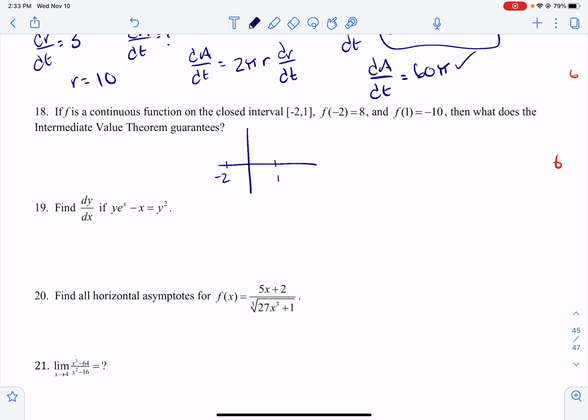And I know that f of -2 is +8, so 1, 2, 3, 4, 5, 6, 7, 8. So I start up here, and f of 1 is -10, so 1 through 10. So f of 1 is down here. That's all I know. Oh, I know it's continuous.